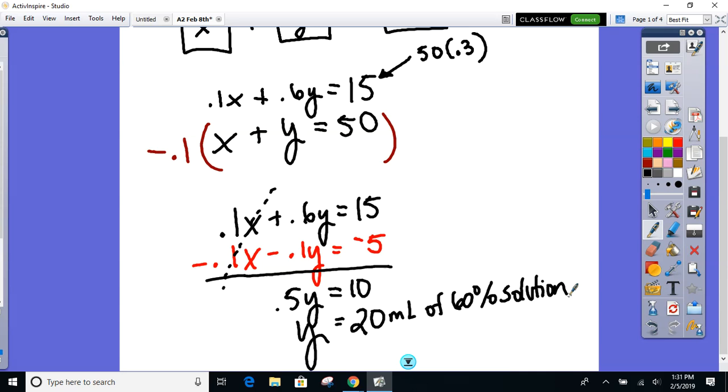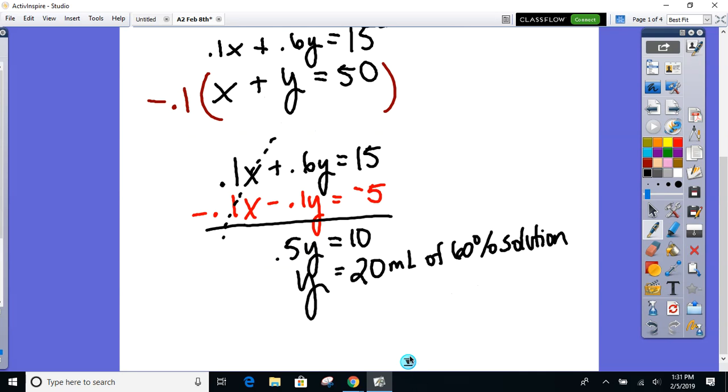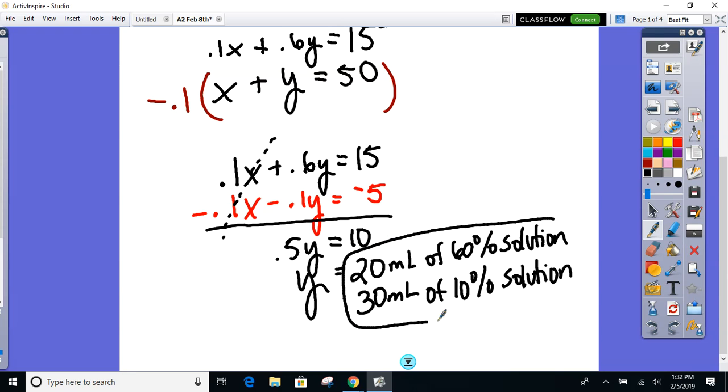So 20 milliliters of the 60% solution, which means how much of the 10%? What did it total up to? Total up to 50, right? So if I got 20 milliliters, it'll be 30 milliliters of the 10%. There you go. That's what I'm going to look for.